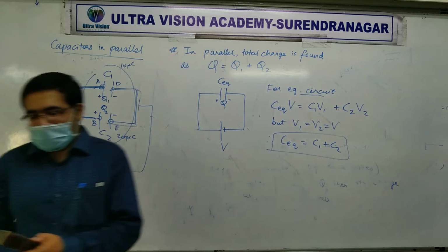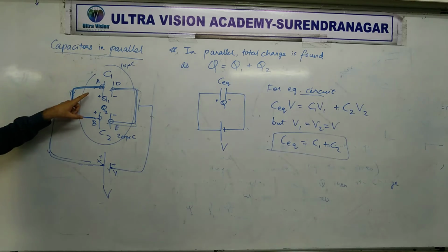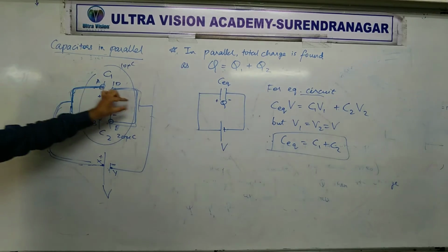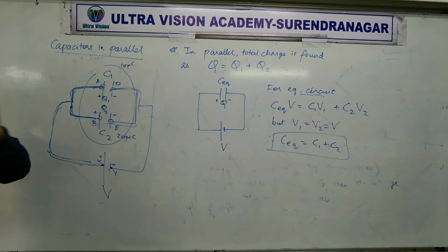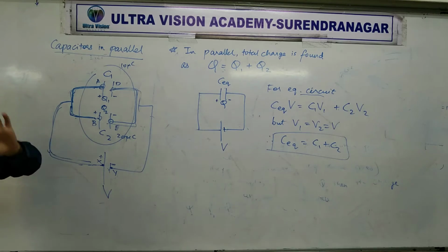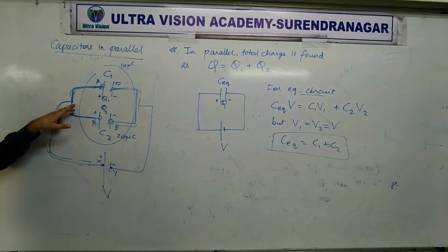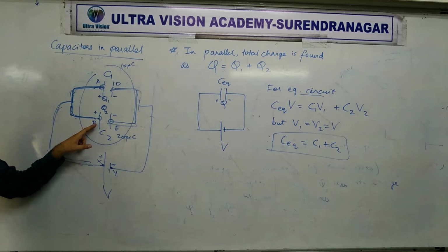Let's summarize what we have learned about parallel very quickly. First one is how do you identify parallel? From both sides common wire should be there, that is you should be able to go from this to this without any other device in between. Branches don't matter in parallel. You don't have to worry whether there is a branch here. But can we go from here to here without anything else in between?